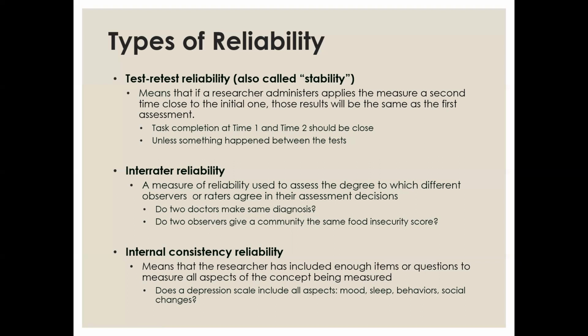Again, if she's saying this person is cognitively impaired and I'm saying they're not, that's not reliable. So do two people make the same assessment? Do two people make the same diagnosis, right? We have to think about how consistent two people are evaluating the same person.